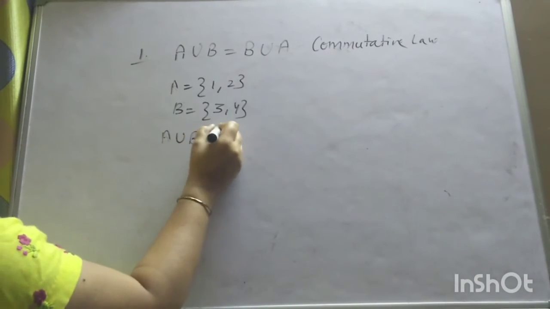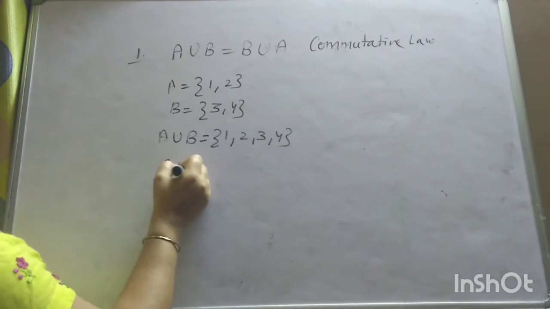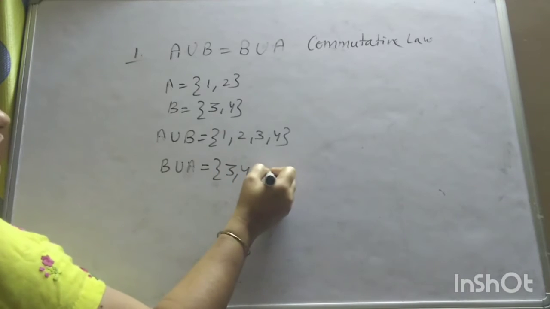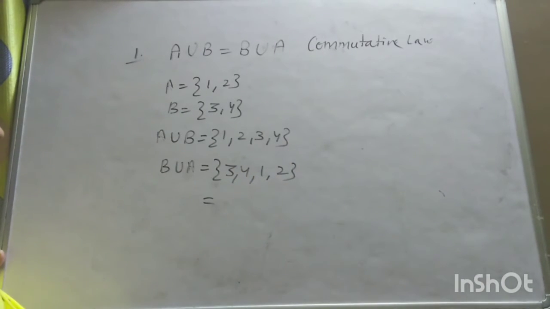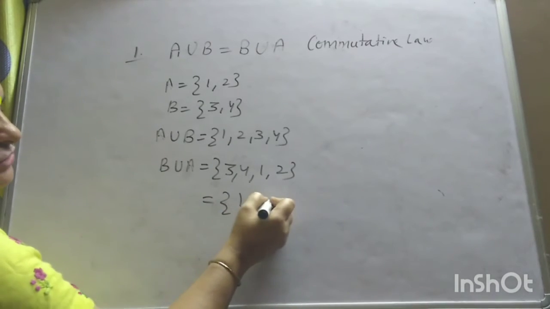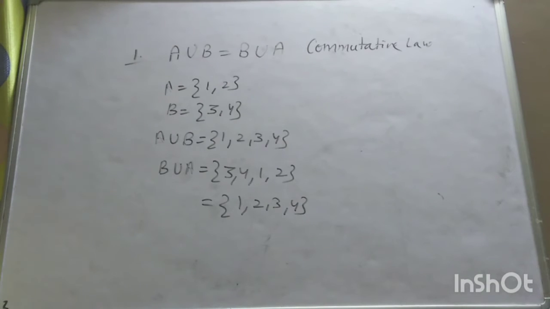Now, A union B is 1, 2, 3, 4. Also, B union A is 3, 4, 1, 2. And in sets, order doesn't matter. We can write it as 1, 2, 3, 4. It means A union B is equal to B union A.